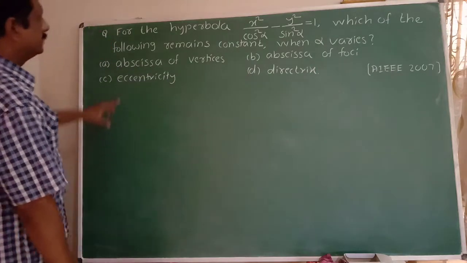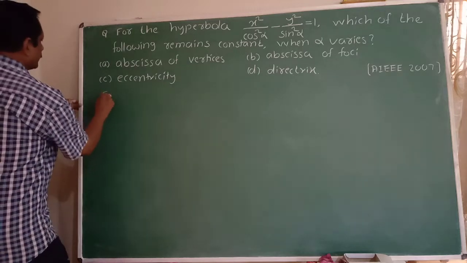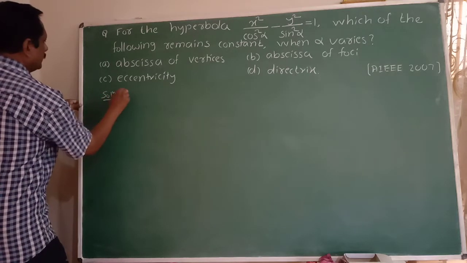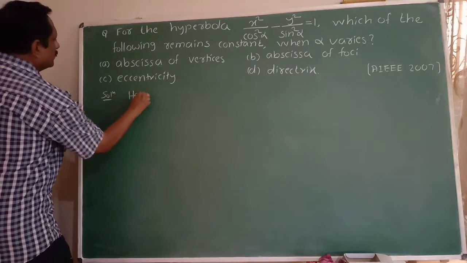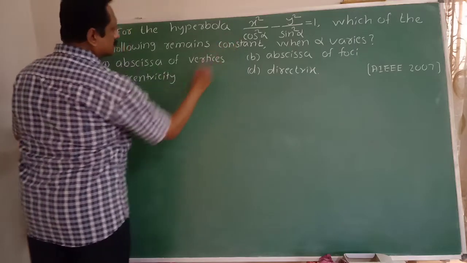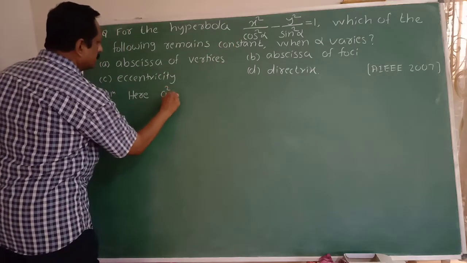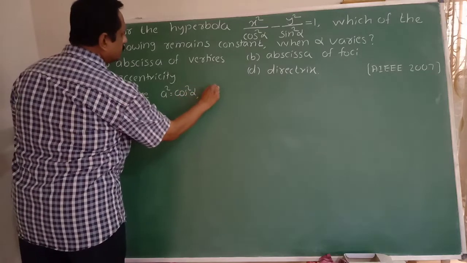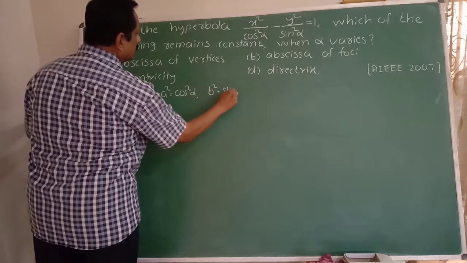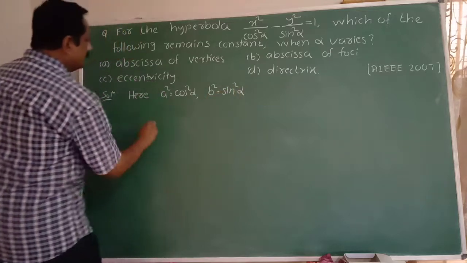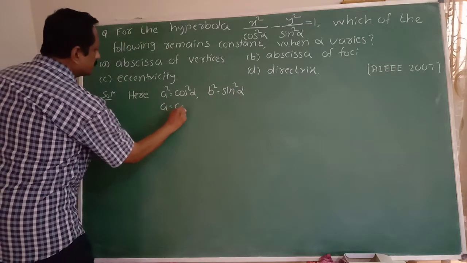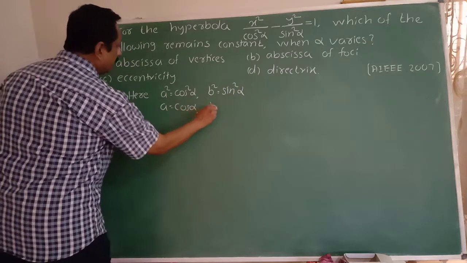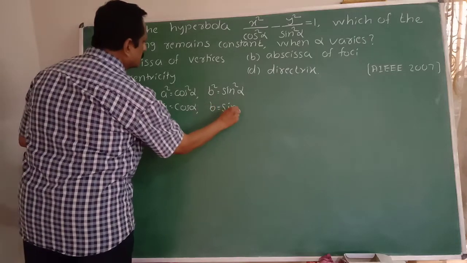Okay. So from the given equation here, a square is equal to cos square alpha and b square is equal to sin square alpha here. Hence a is equal to cos of alpha and b is equal to sin alpha here.